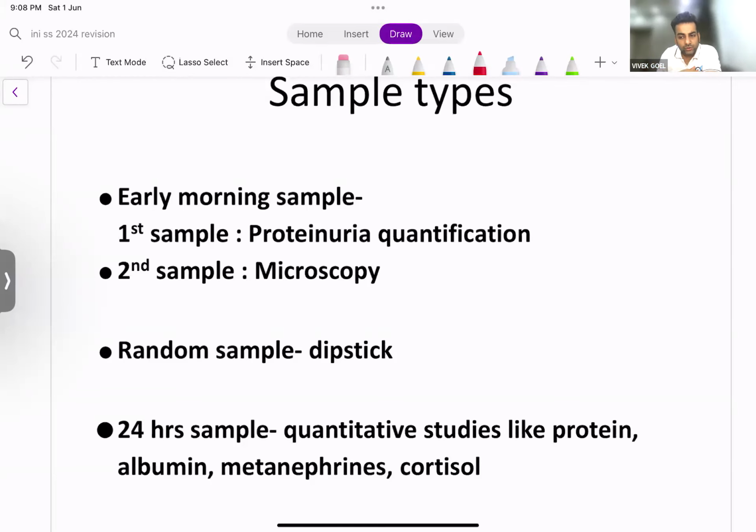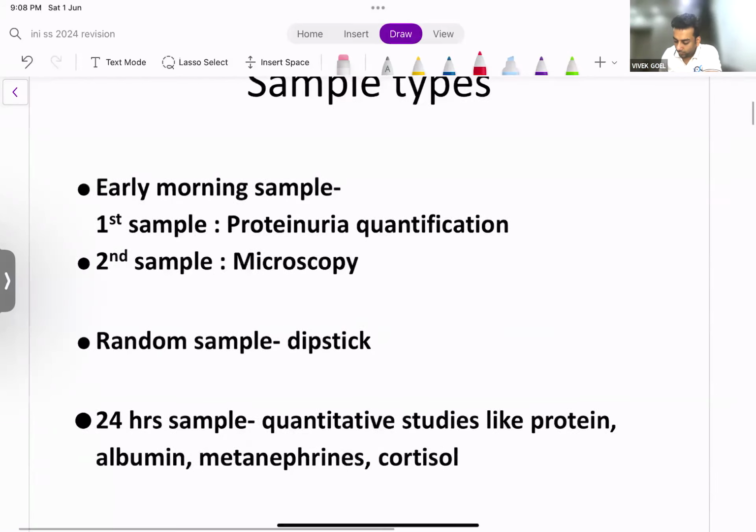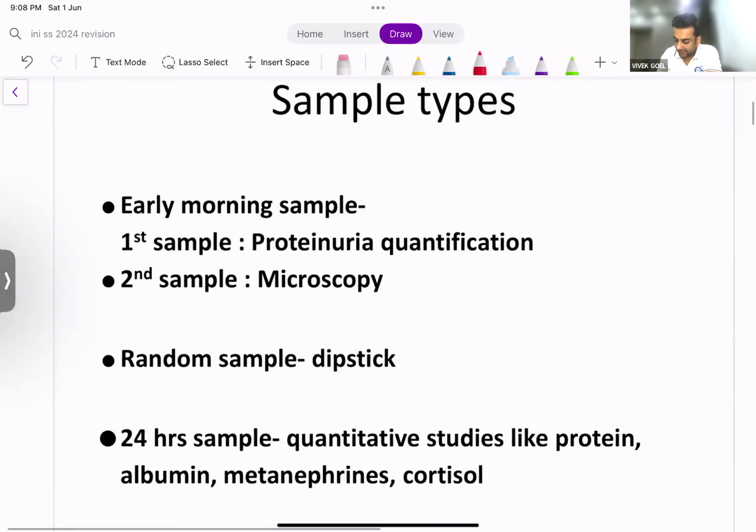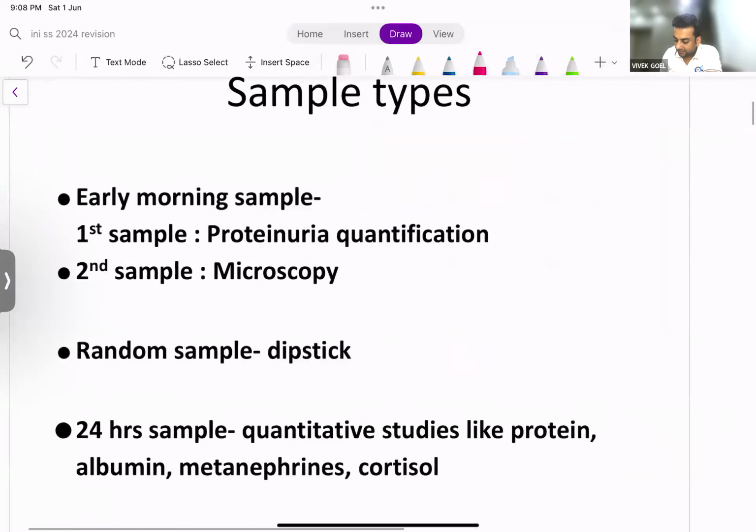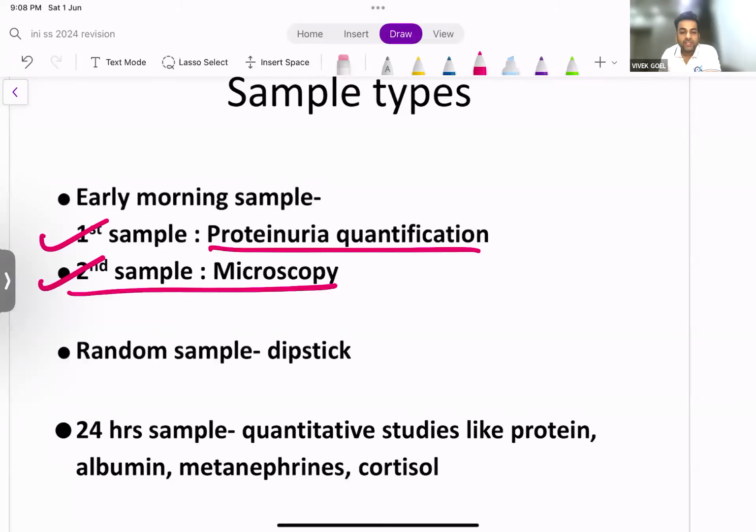Though some guidelines do say that the first voided midstream urine sample by a clean catch method is for the routine microscopy, there are some flaws in it. So many of the guidelines recommend the second sample for microscopy. Why? I will tell you. And the first sample is for the proteinuria quantification, if we want to do the proteinuria quantification by a spot urine sample.